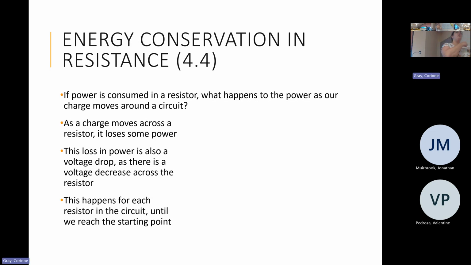So power is going to be consumed. We'll talk about it a little bit soon. We're going to look at energy being 100% conserved and doing it the nice, easy way. In reality, as we go around a circuit, we are losing some amount of energy into the environment, where the environment is everything except the circuit itself.